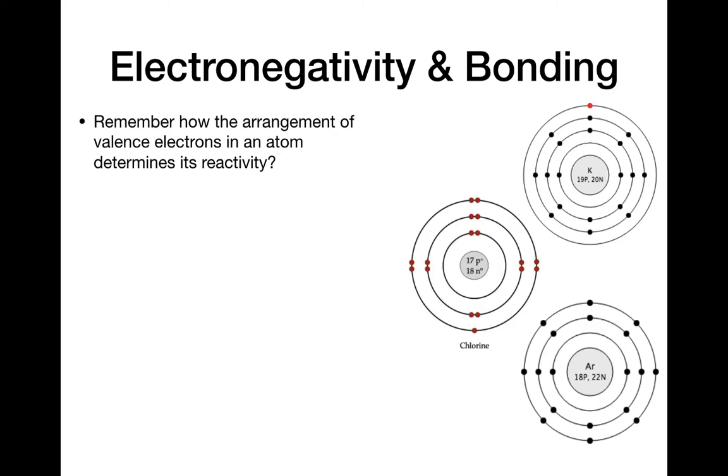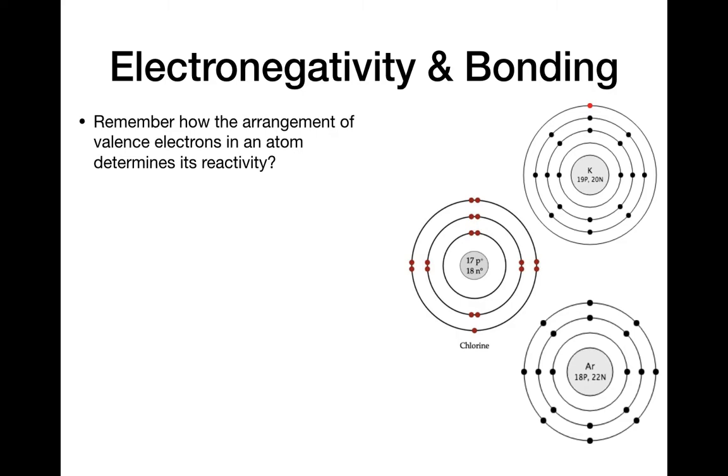Okay, well, hopefully you remember the fact that the closer that an atom's valence orbital is to being full, either because it has almost full, like it has 6 or 7 valence electrons instead of 8, it's really close, or it's almost empty, it only has 1 or 2 valence electrons.